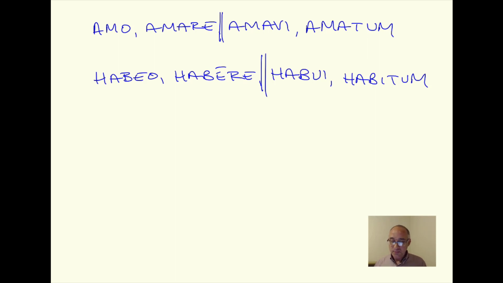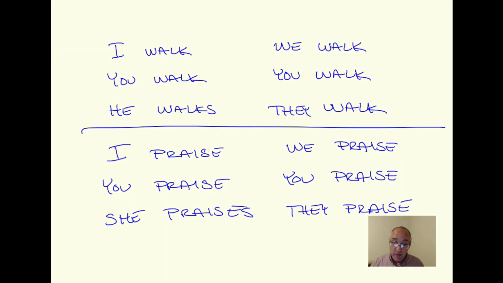Okay. So we have the verbs. Amo, amare, amavi, amatum. In English, you put a word in front of it. I take the verb walk and I put I in front of it. If I'm talking about y'all, I put the word you in front of it.